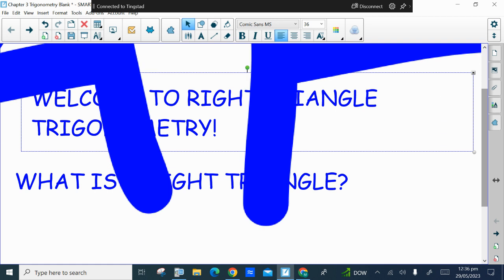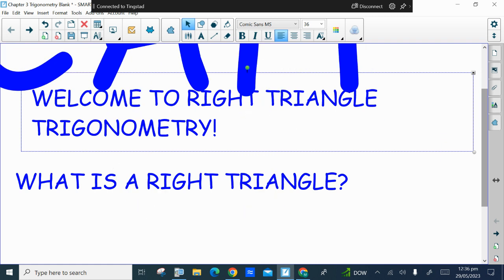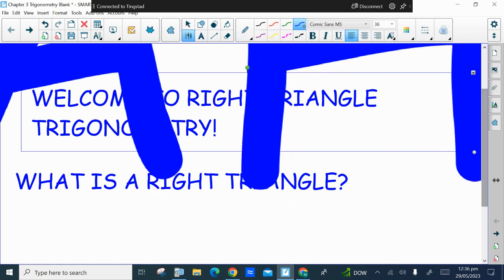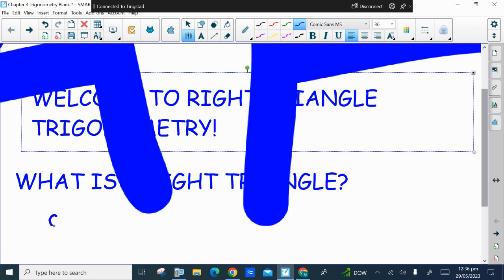Okay, a right triangle is a triangle that has a right angle, a 90-degree angle.